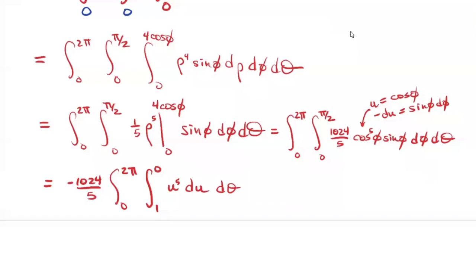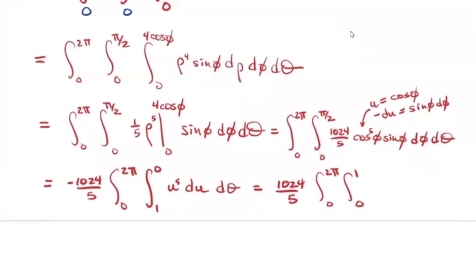Am I okay here? I don't know if you want to switch it back. I guess I'll switch it back. So you've got 1024 over 5, integral from 0 to 2 pi, integral from 0 to 1.